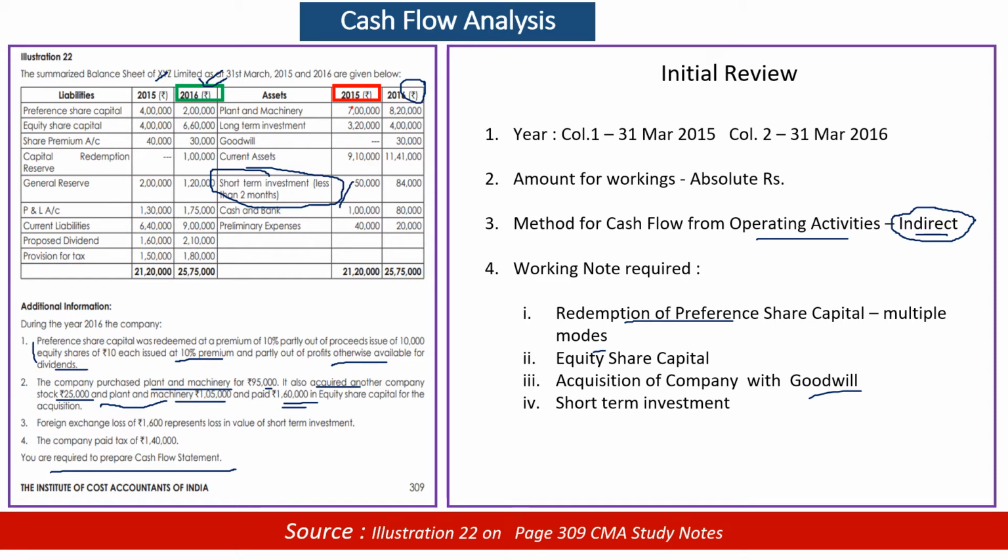And here we are talking of less than 2 months. We can consider this as equivalent to cash. It is a cash equivalent. Therefore, we will take opening and closing balance of short-term investment clubbed with normal cash balance, and both these put together will be cash plus cash equivalents. That is what we need to look into in short-term investments.